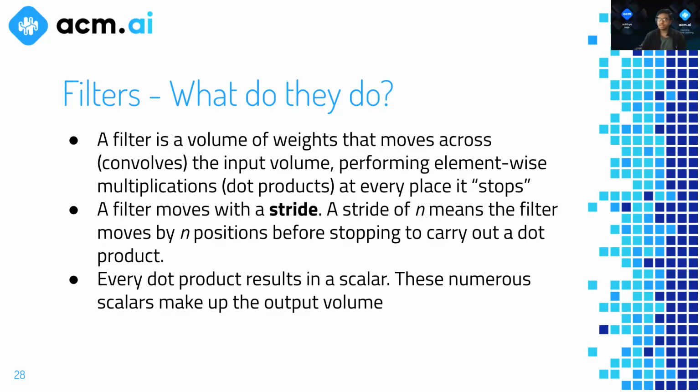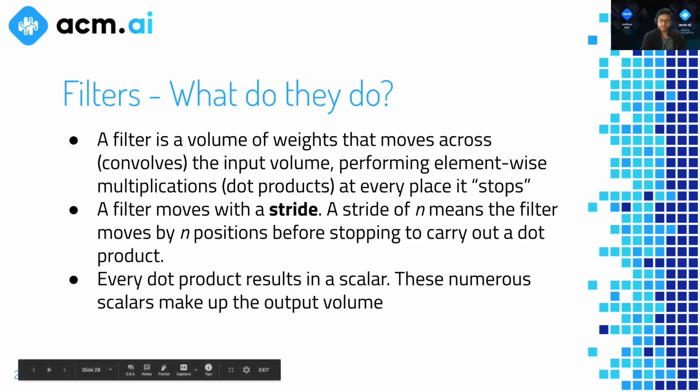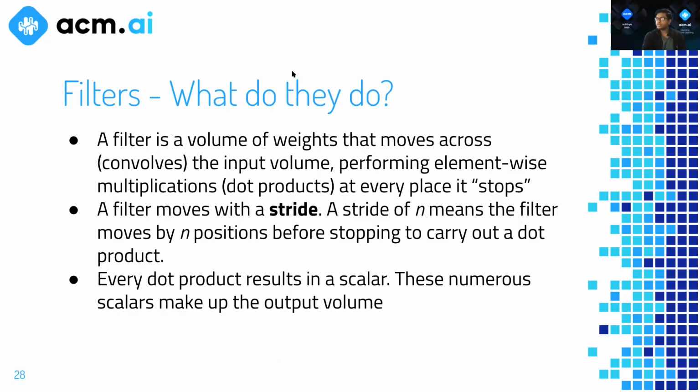And then the filter needs to move across the image. The number of steps it takes as it moves is known as the stride of the filter. So a filter that only moves by 1 pixel at a time has a stride of 1.